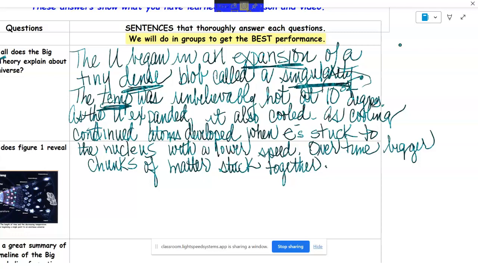It gives a range of temperature that's astronomical. We talked about cooling. We talked about the fact that the speed of electrons kept them from being with any nucleus, but as cooling developed, the electrons stuck to the nucleus because they had a lower speed, and over time, bigger chunks of matter stuck together.